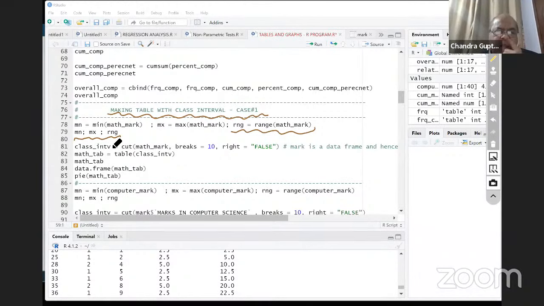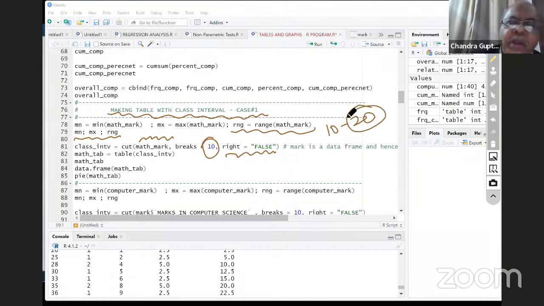So I'm defining class interval as I'm saying cut the maths marks into 10, right equals false. Right false means that the right figure is not included, so if you say 10, 20, then 20 is not included in the class interval.